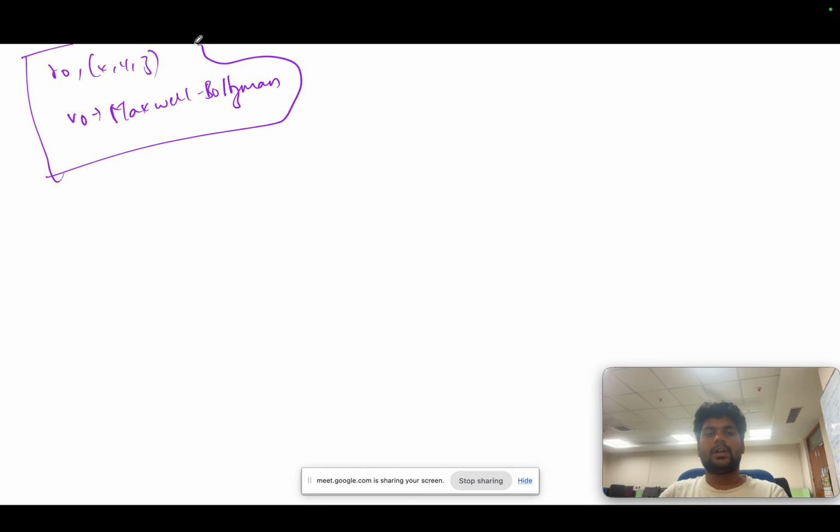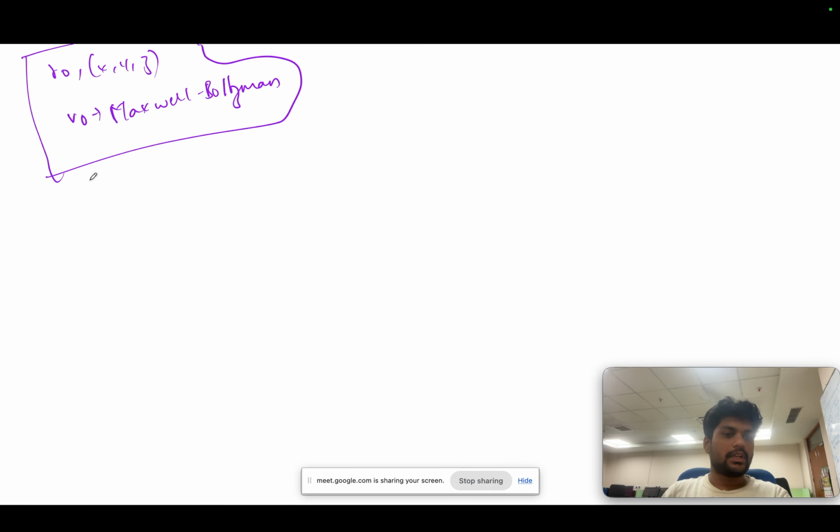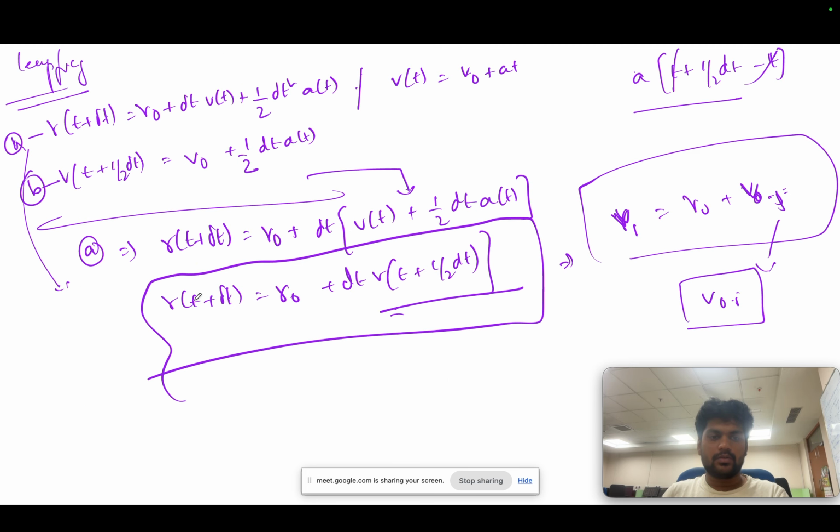Okay, but now the question is, if you see the formula, suppose Verlet, if I am talking about Verlet, it is basically R1 is equal to R0 plus dt.